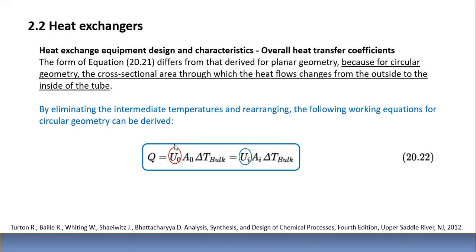Q is equal to the outside overall heat transfer coefficient times the overall outside area, the wetted perimeter, times delta T of the bulk, that will be the bulk temperature of the fluid, that will be equal to the inside overall heat transfer coefficient, the area of the inside wetted perimeter times delta T of the bulk inside of the tube, 20.22.